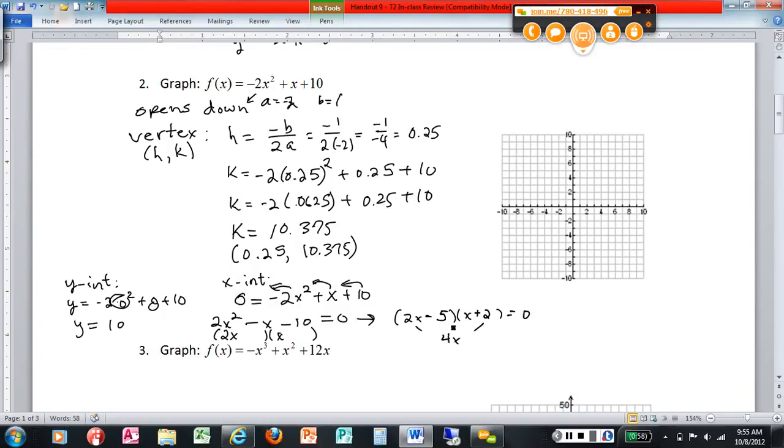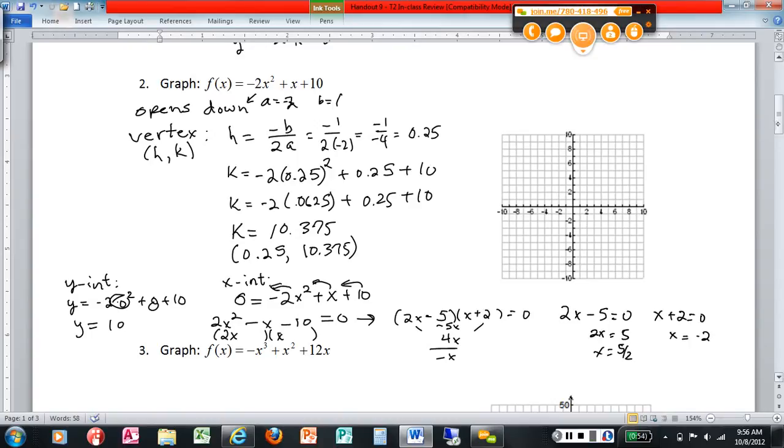Because that's 4x, and that's a minus 5x. So it gives me a minus x, which is what I had there. So set each factor to 0. And we got it. Add 5 and divide by 2: 5 halves, and subtract 2: negative 2. Okay? So there you go.